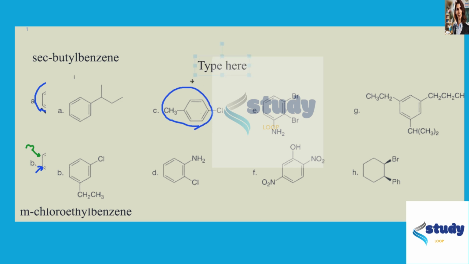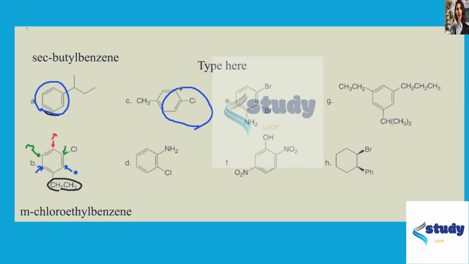So we can actually add this methyl group to the parent chain, and this is actually what we call toluene. So in respects to this methyl group of toluene, this chloro is para to it. So we have a p-chlorotoluene.